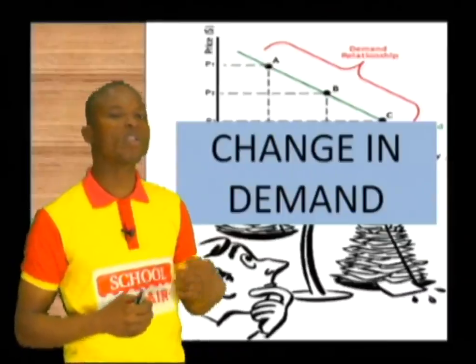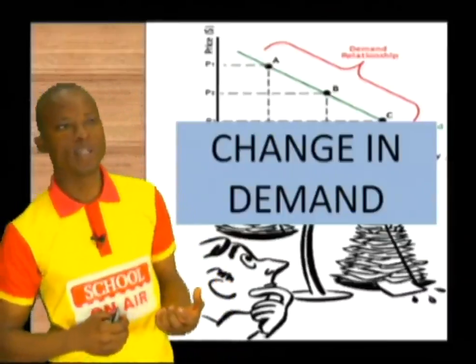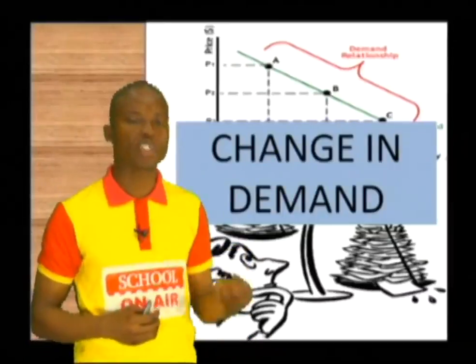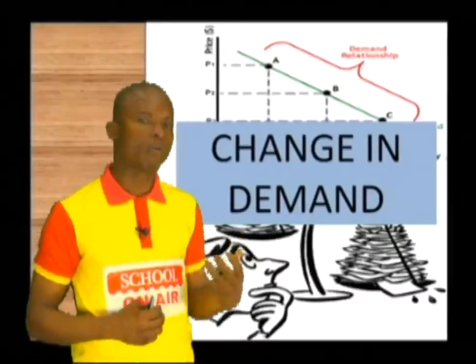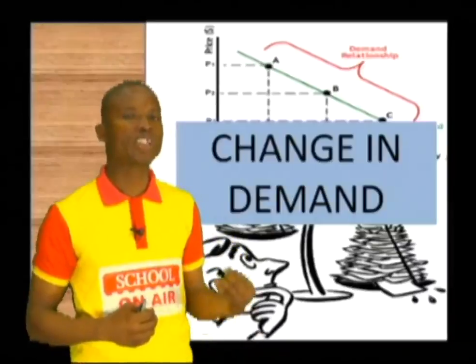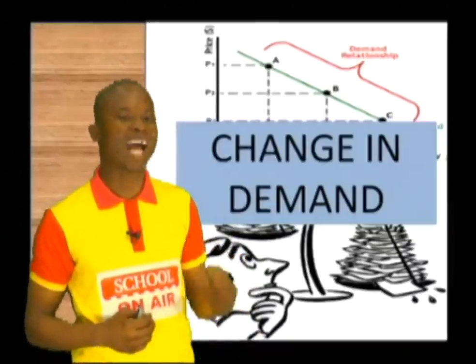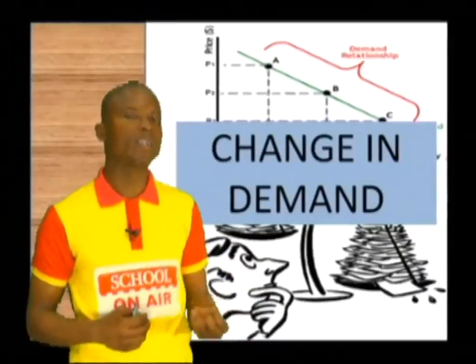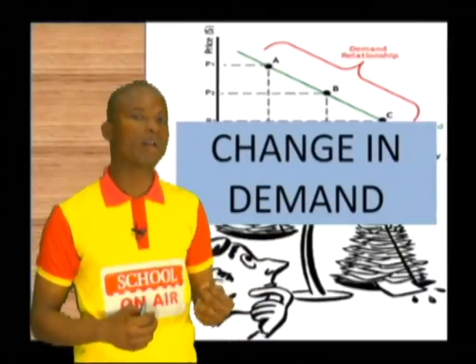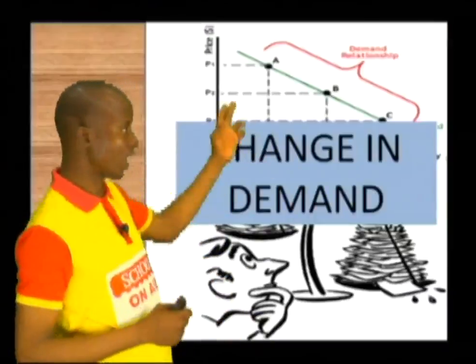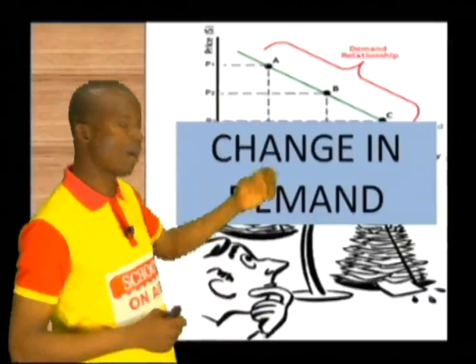We said that the only factor responsible for a change in quantity demanded is a change in the price of the commodity. And we also said that the change in quantity demanded is represented on a diagram by a movement along the same demand curve, and that the movement could be an upward movement or a downward movement, just as we have in the diagram at the background here.